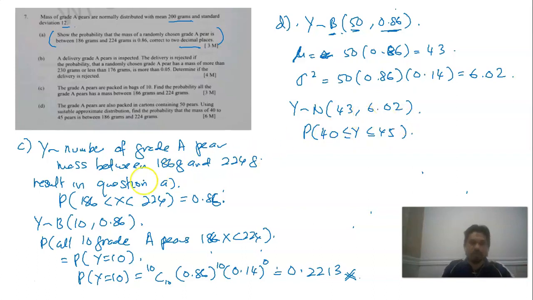From binomial to normal, please remember we need to add an element of adjustment, which is plus or minus 0.5. So for this one, the probability of 39.5 to 45.5.